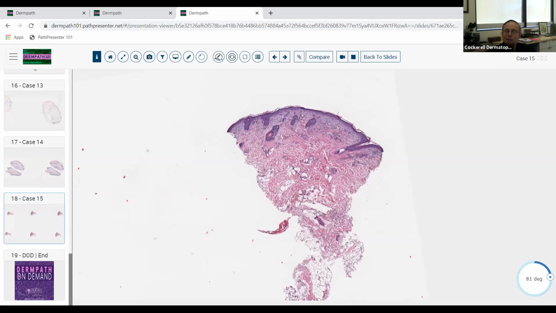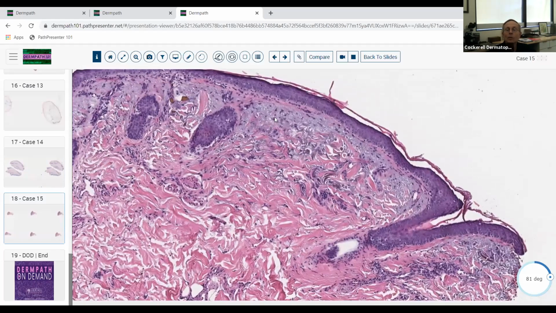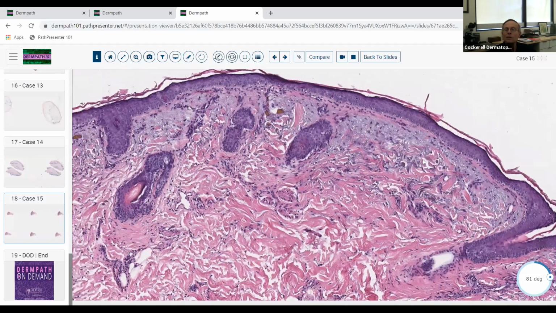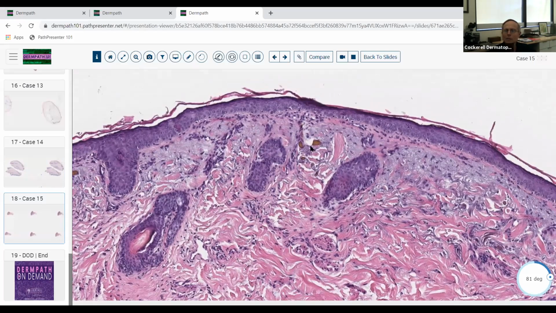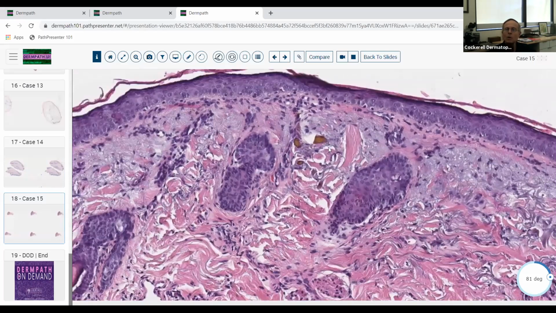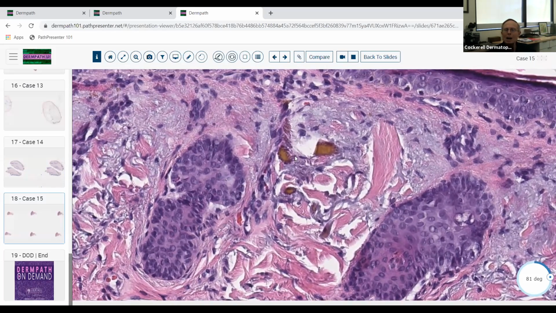If there's any inflammation here, you start looking at higher magnification. And they say, well, there's this solar elastosis here, and there's really not much going on in the epidermis, but there's something in the dermis. That shouldn't be there. But what is it? Well, it's this yellowish, brown, almost crystalline structure.